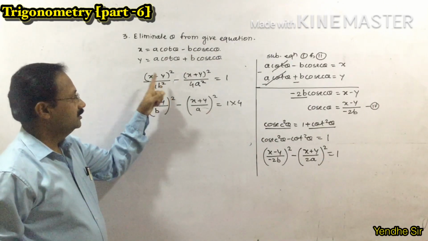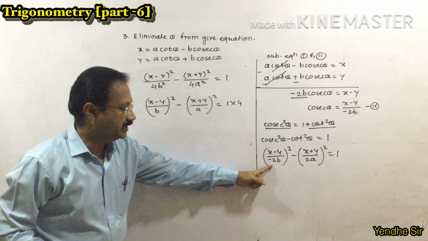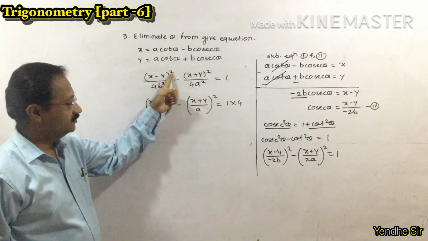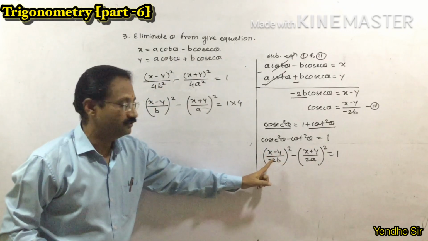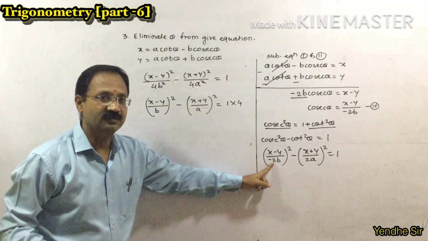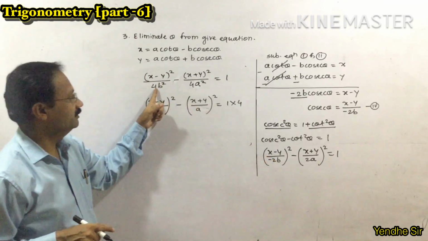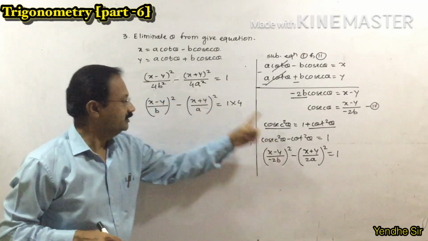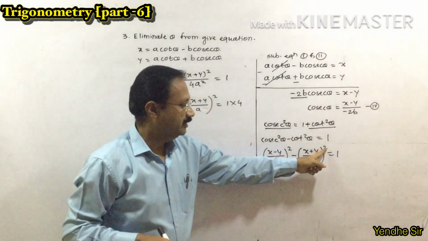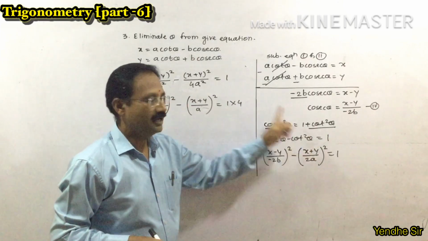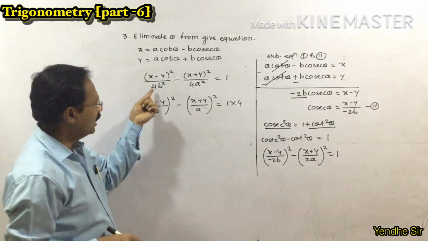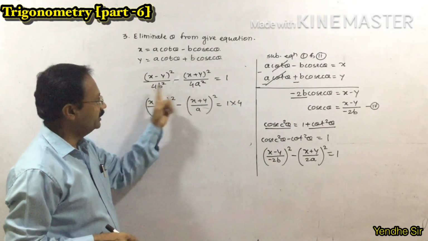Let me tell you here, I have done the square here. So x minus y square, and then minus square is always positive. So minus 2 square is 4, and b square will be b square. Minus sign, then x plus y bracket square, 2 square is 4 and a square I have written here, equal to 1. So I have taken the 4 as a common in both.